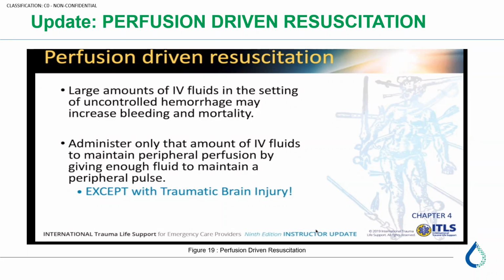In non-compressible or uncontrollable hemorrhage, the fluid resuscitation now is perfusion-driven resuscitation, meaning we're no longer basing on systolic blood pressure, but mainly on peripheral perfusion. So if you can feel a radial pulse, then that's it. Doesn't matter what the blood pressure is, as long as you can feel a radial pulse, you're okay. But except for traumatic brain injury, okay?